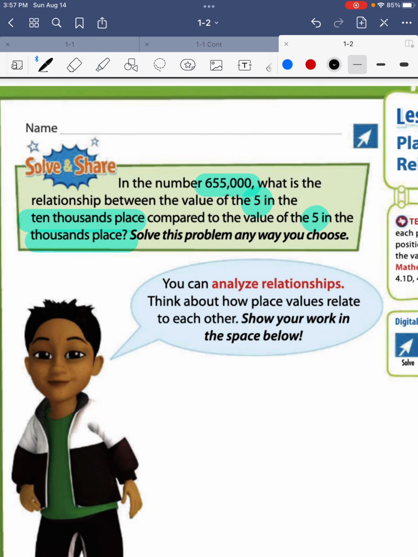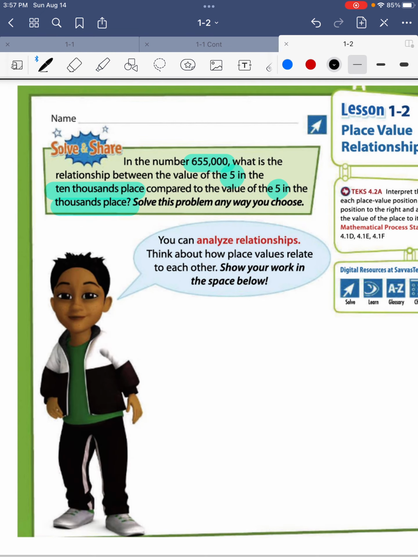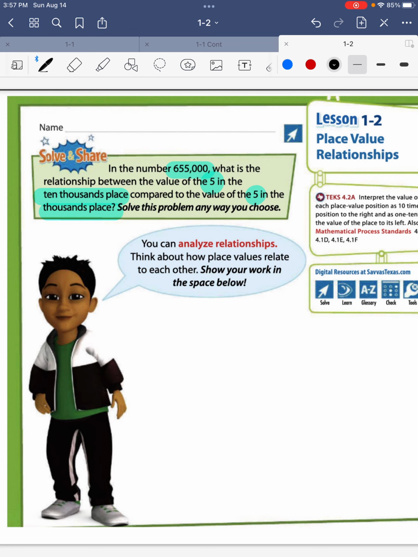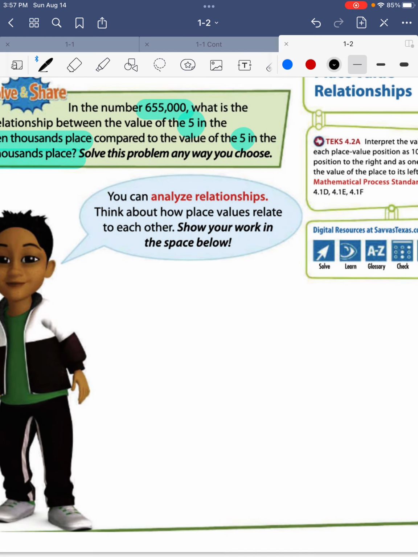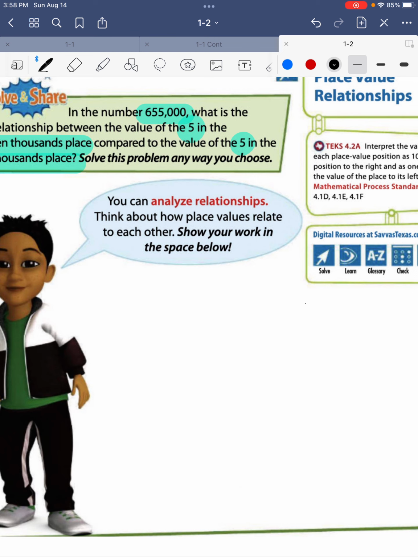Okay. So for this, we need to make our PVC chart, which is our place value chart. So I'm going to do that over here. I'm going to start with my ones. I'm going to go tens, hundreds. Remember, when I get to thousands, I put a comma.